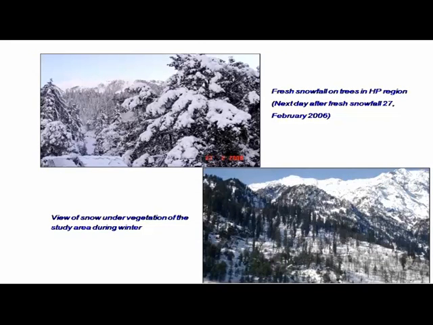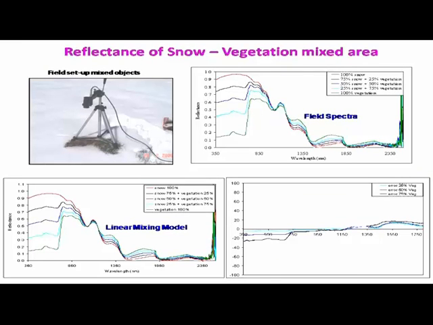Another problem in snow cover monitoring is the mixing of vegetation, or measuring the snow under vegetation. For that, again we conducted an experiment by putting different proportions of vegetation and snow and taking the spectra. This is for the pure snow and this is for the pure vegetation.